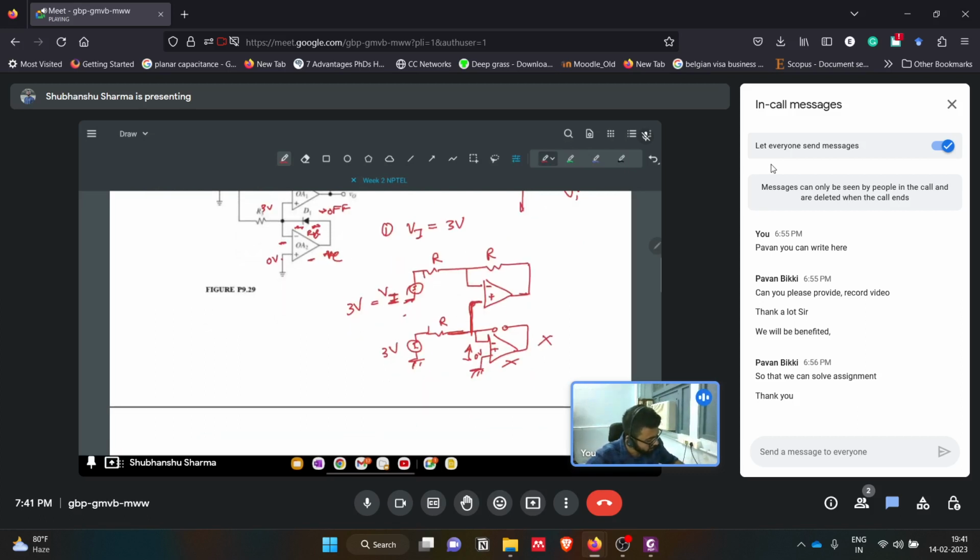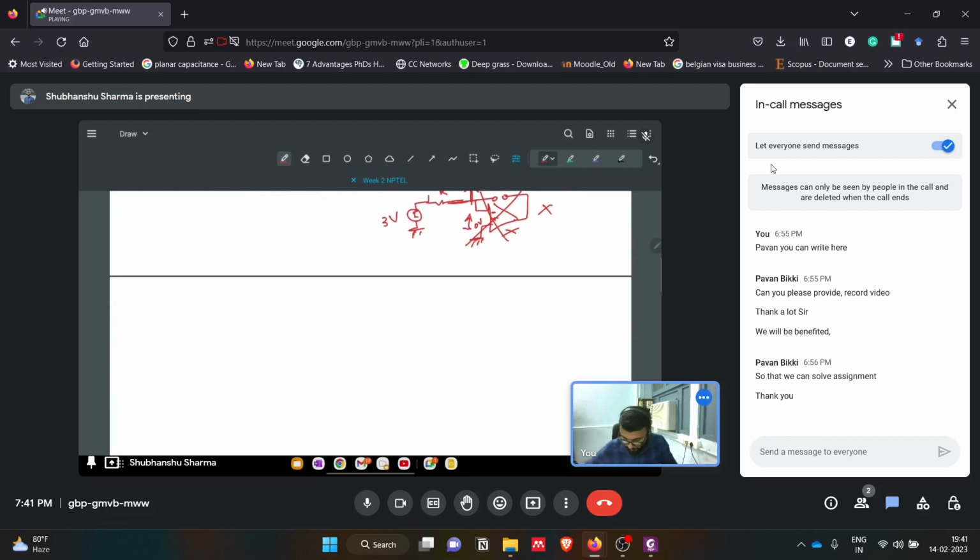Since no current can flow through this, this will be 3 volts. Here also, because of virtual short, it will be 3 volts. So what will be V naught? Since this is 3, no current will flow here, so the output will be equal to 3 volts. Simple.